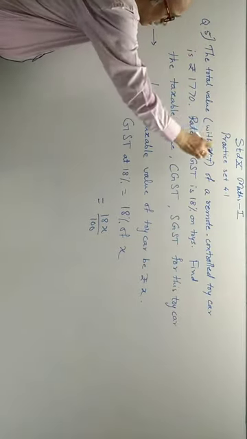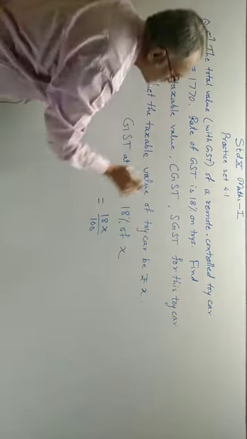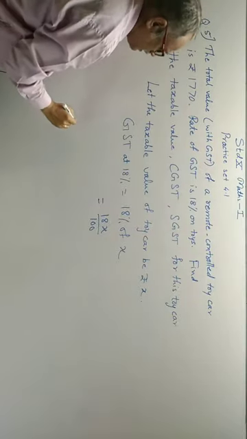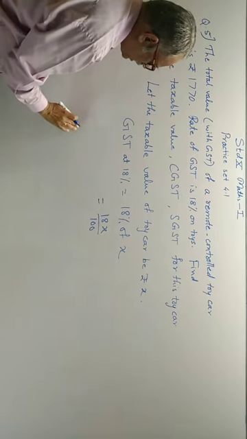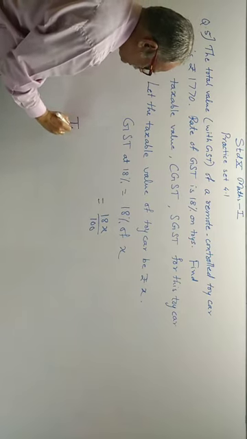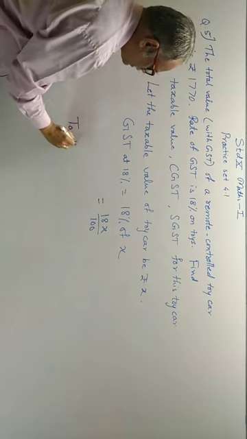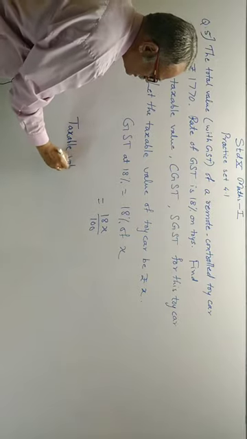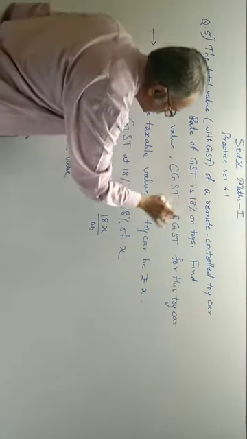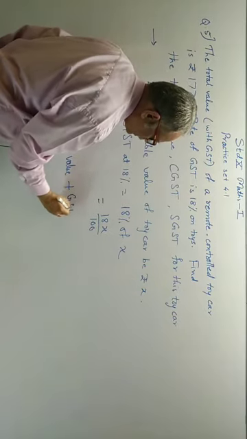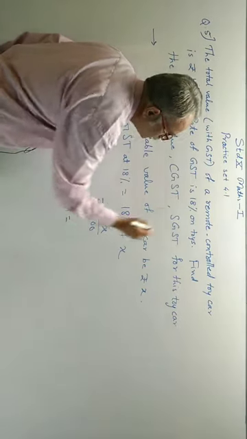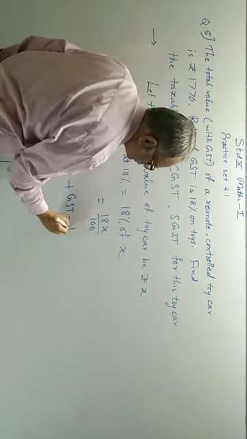Therefore total value is X plus 18x upon 100, that is given. First we will write the formula: taxable value plus GST, total GST, not CGST, SGST, equal to total value.